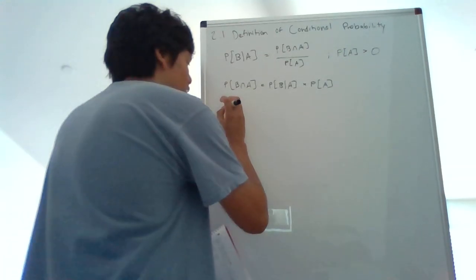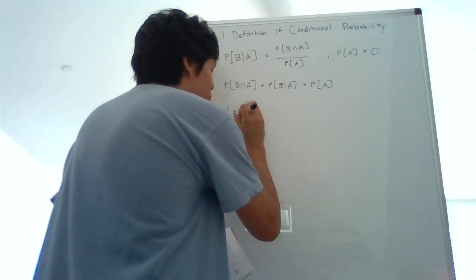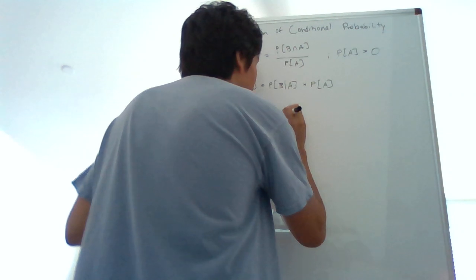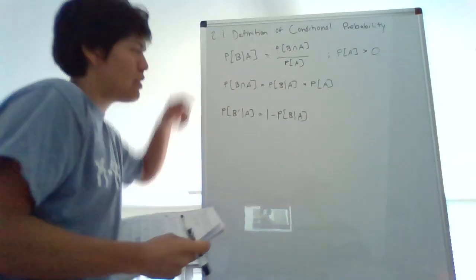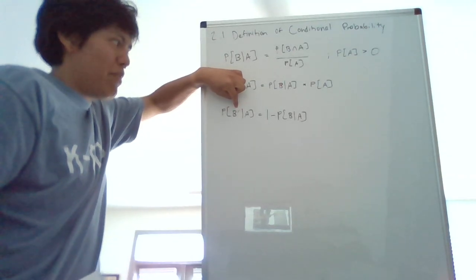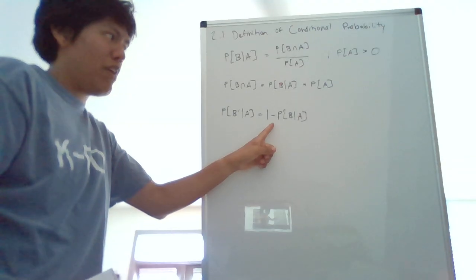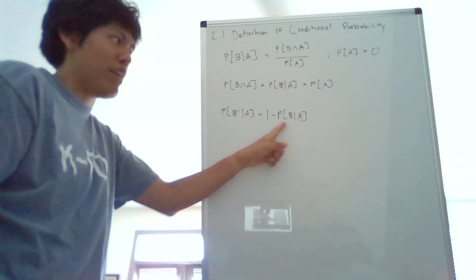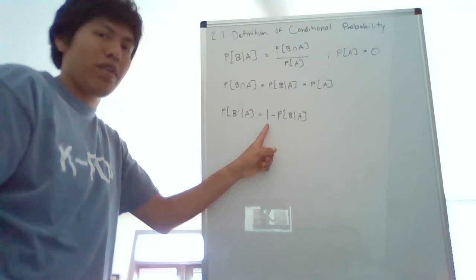The probability of B complement given A is equal to 1 minus the probability of B given A. So if we're asked to find the probability of the complement of B given A, the same sort of rule applies, where you would subtract the probability of the event from 1.